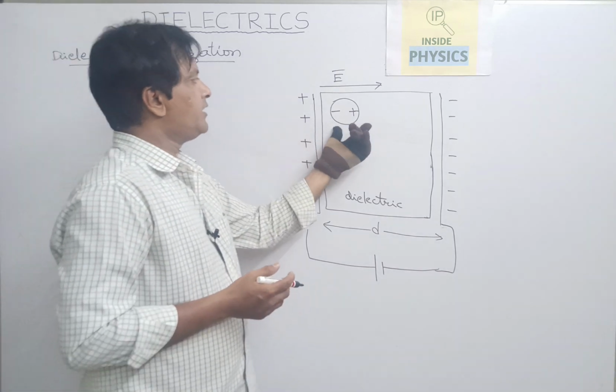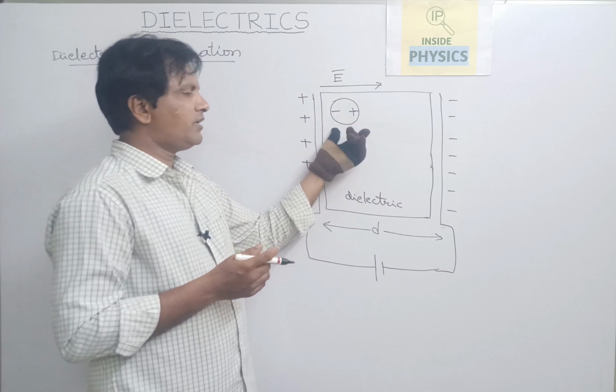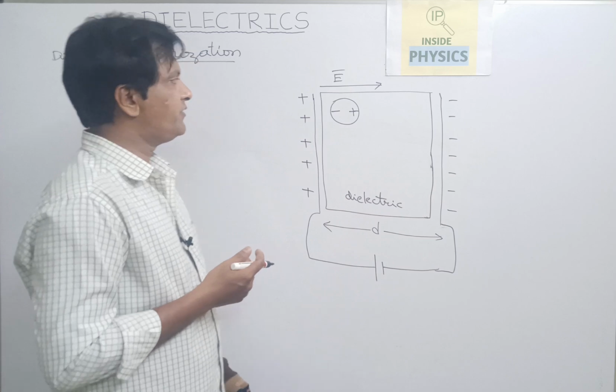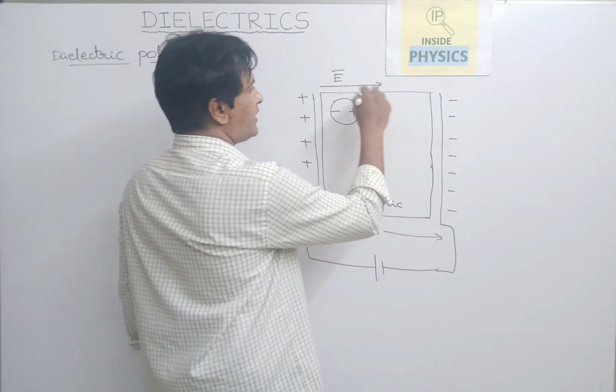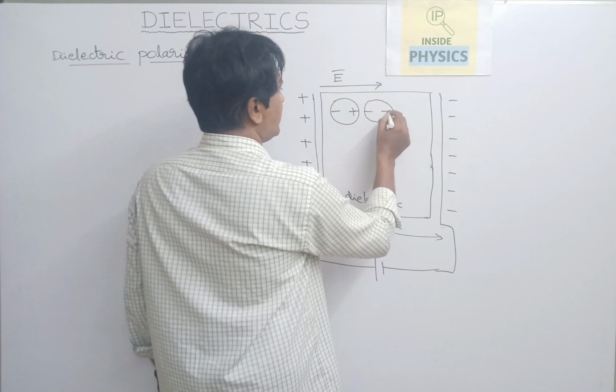Here the particular atom, which is transformed into a dipole because of the externally applied field, will have a dipole moment. So all the atoms or molecules inside this material will behave in the same way.